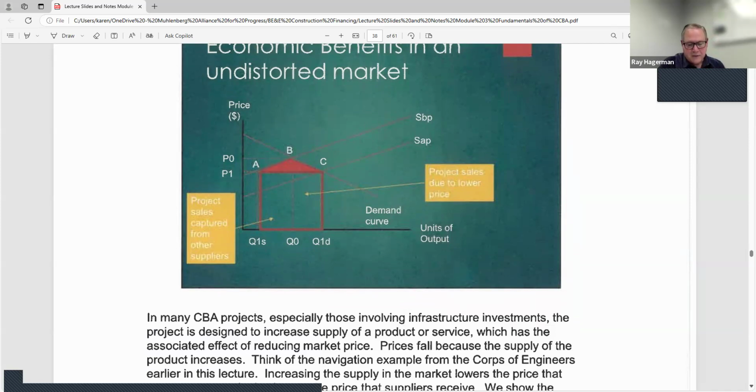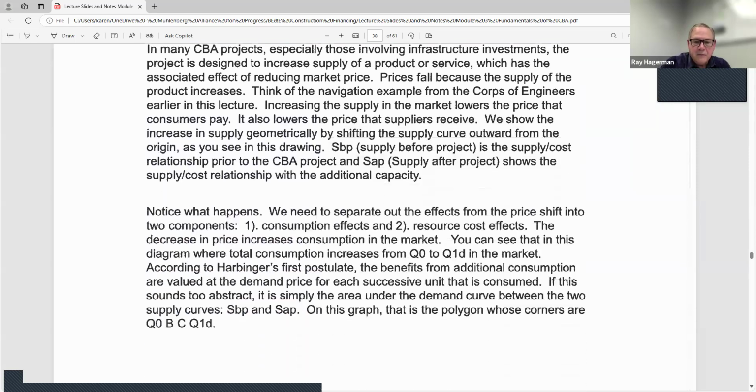The net effect of the project, or the net benefits, consist of the difference between the gross benefits and the gross cost. So this triangle that you see, ABC, is actually the net effect of the project. Okay, so just think about that for the future.